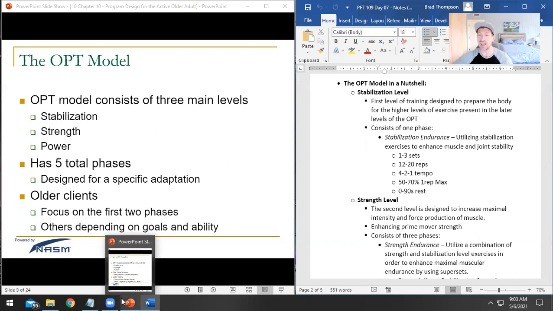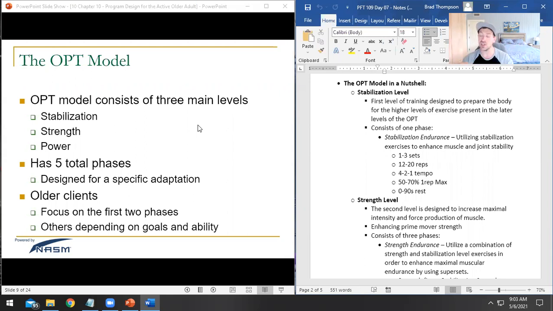If that's the case, we've got to remember that we are going to break this down into 3 primary levels. That's going to determine our exercise selection, so which choices we make, whether it's a plank or a crunch or a medicine ball pullover throw. That's going to be determined by the level.